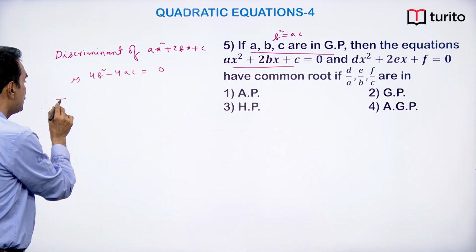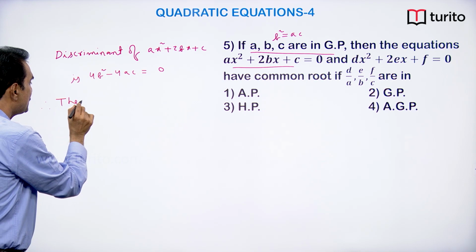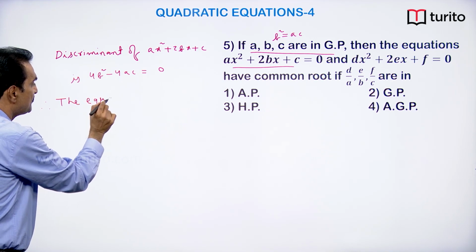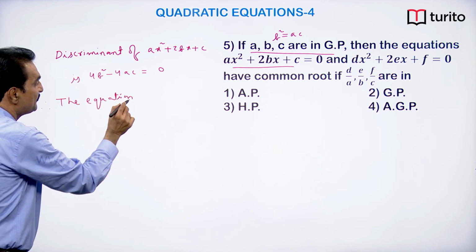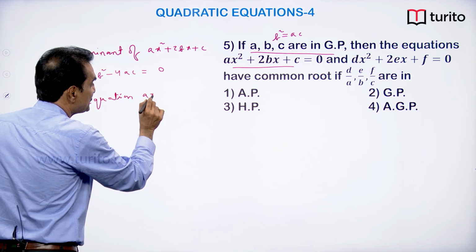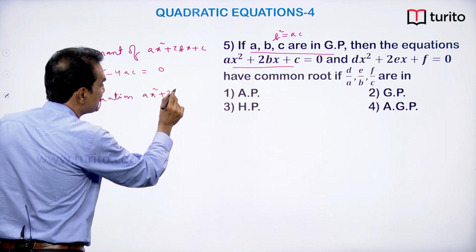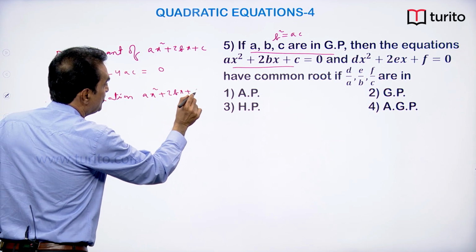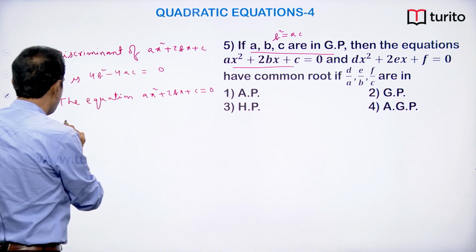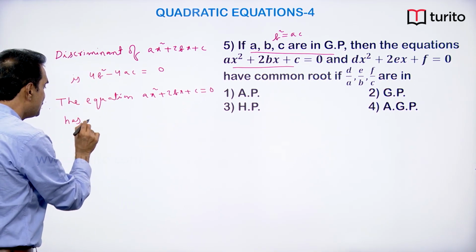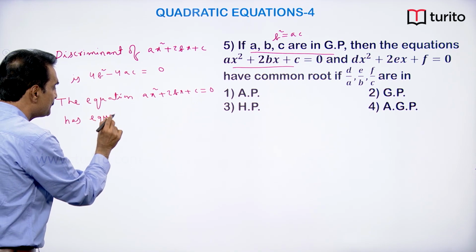Therefore, the equation ax square plus 2bx plus c is equal to 0 has equal roots.